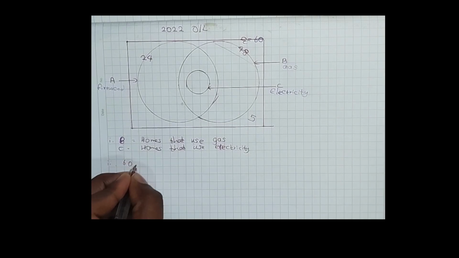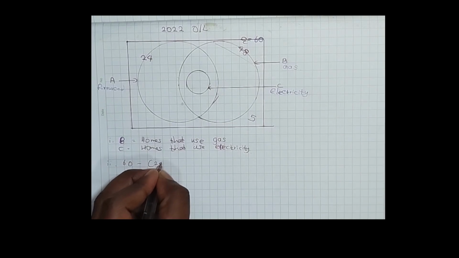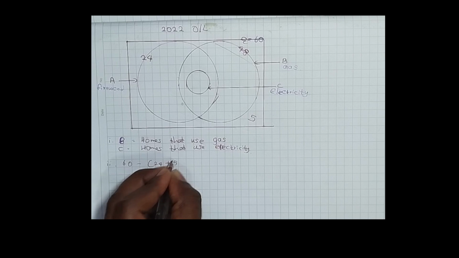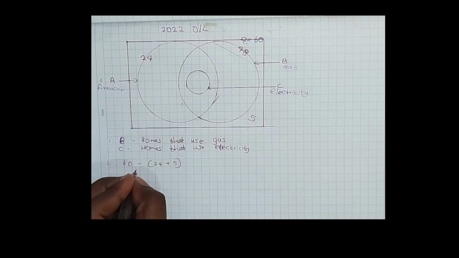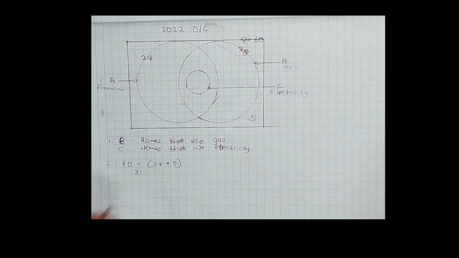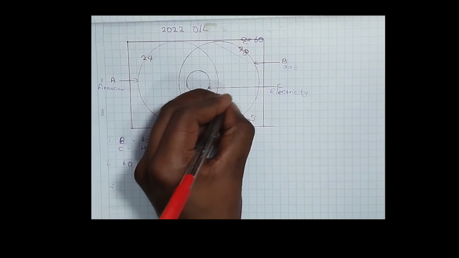So 60 minus 24 plus 5. 60 minus 29, you will get the answer 31. Okay, let's mark it here.